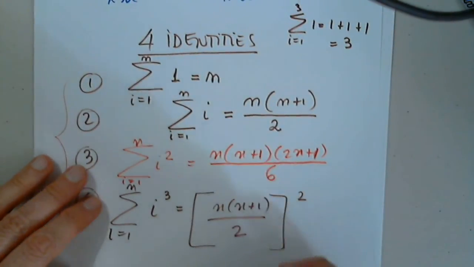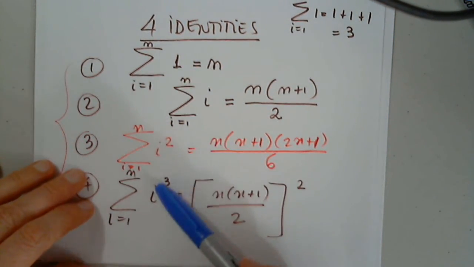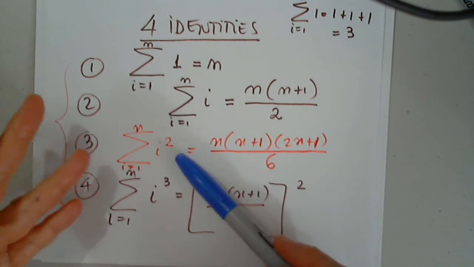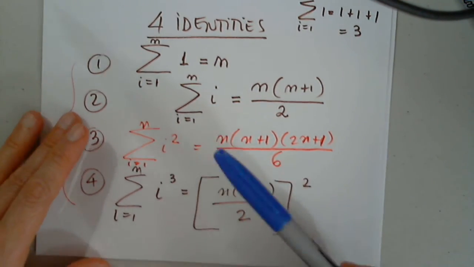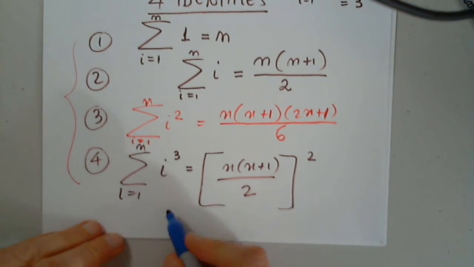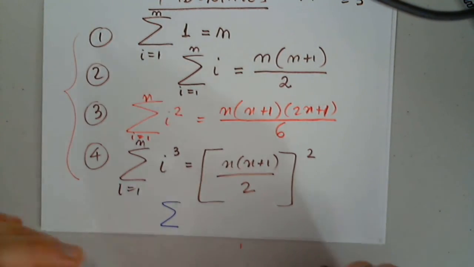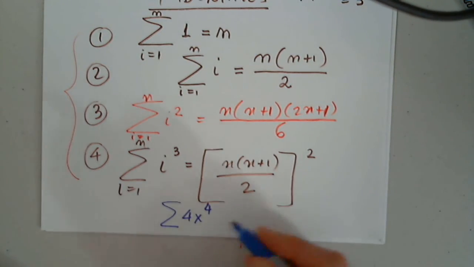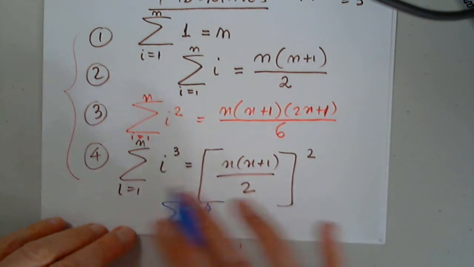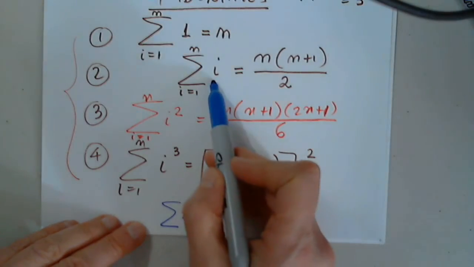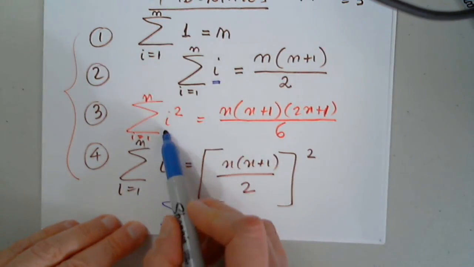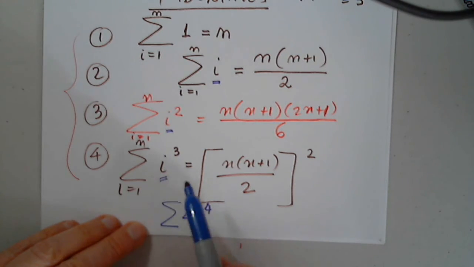Notice one thing. So these are all polynomials. It's like x and x squared and x cubed. I don't have for you a sum of, let's say, 4x to the 4th, or just power 4, or any other power. I only have power 1. We only have these 4 identities: power 0, power 1, power 2, and power 3.